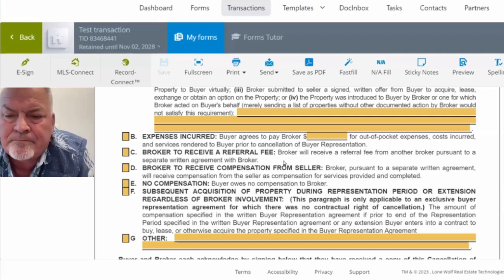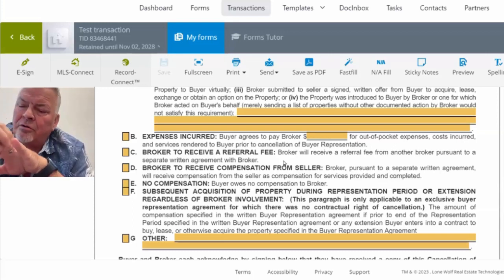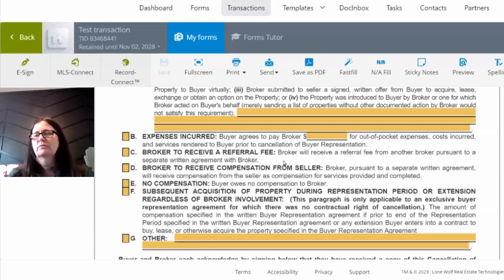Correct. And when we say broker, these are all done at the broker level. For all practical purposes, we're talking about us as the agent being paid, but it's done on the broker level. We're representing the broker, so yeah, it's considered us. And that's the other thing too.